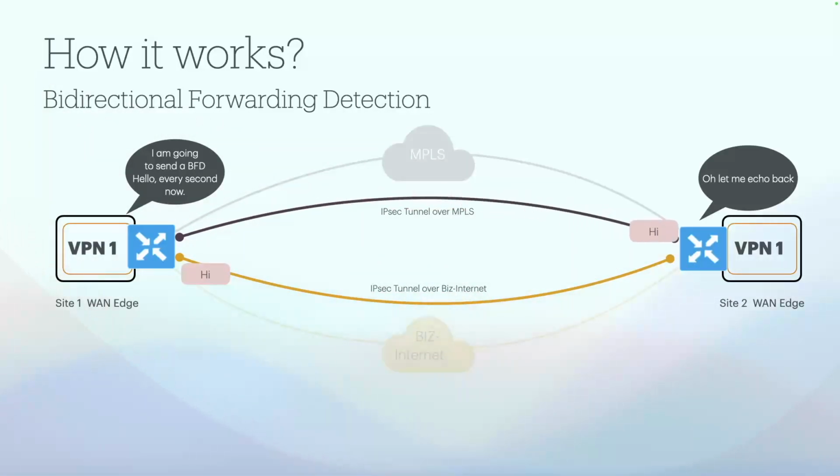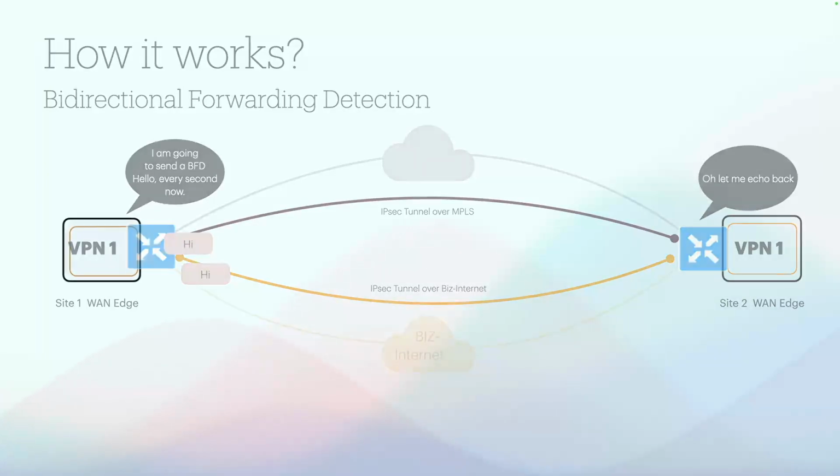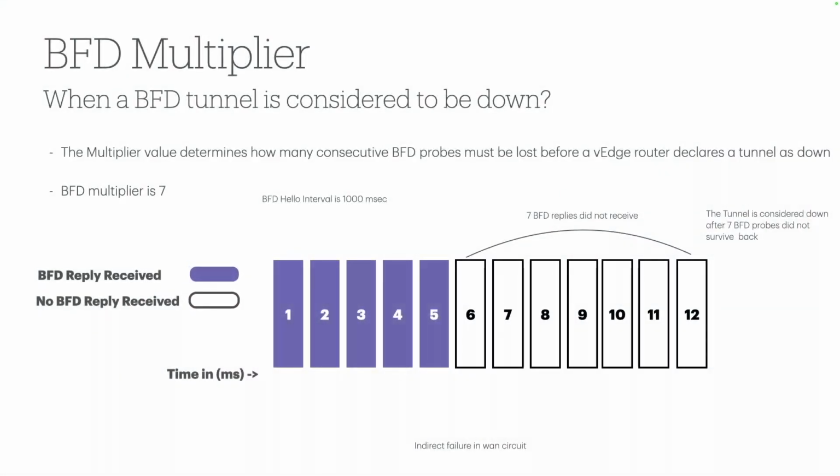Simply said, BFD works in echo mode here, and this behavior is automatically enabled and cannot be disabled. These IPsec tunnels are up based on the BFD multiplier.